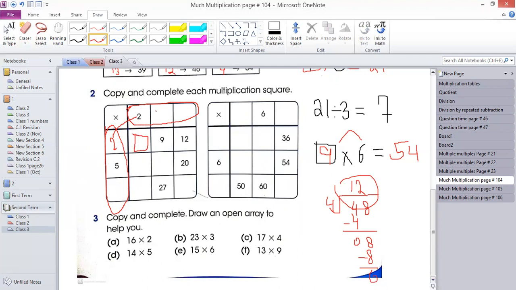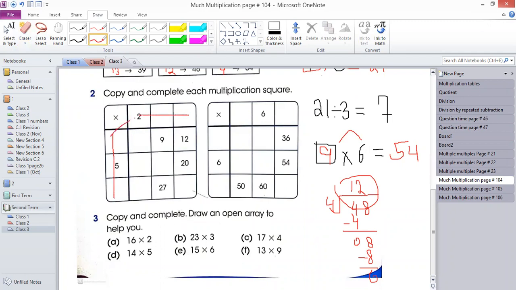Any number here, you will multiply this number by this number, and the answer you will write here. If you multiply this number with this number, the answer you will write here. This is how this multiplication square will be solved. These are the numbers and these are the numbers.